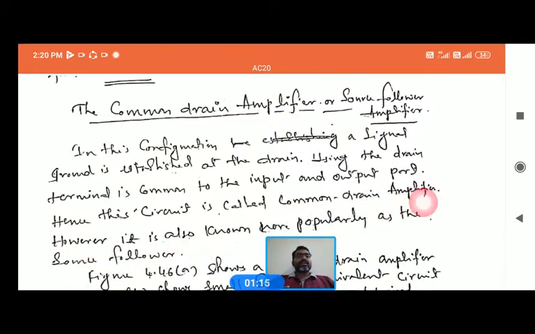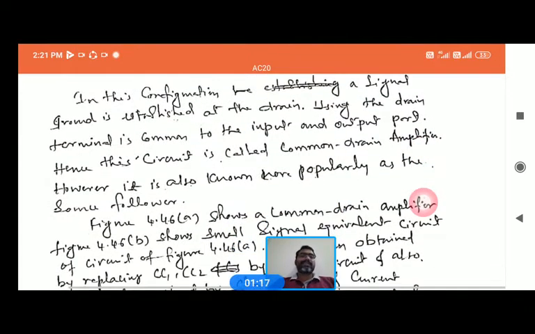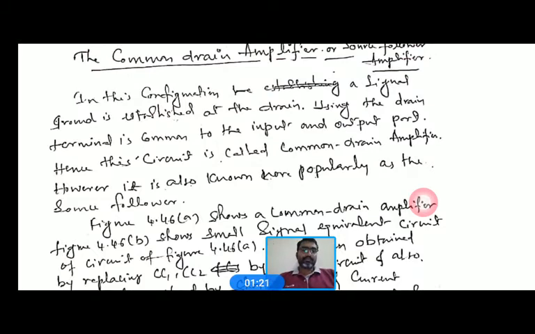Since the drain is common to both input port and output port, or input circuit and output circuit, we call it a common drain amplifier, like the common source amplifier or the common gate amplifier.